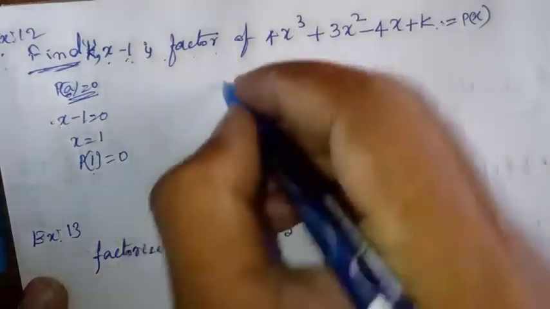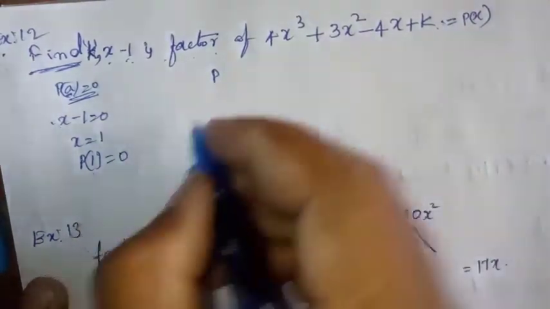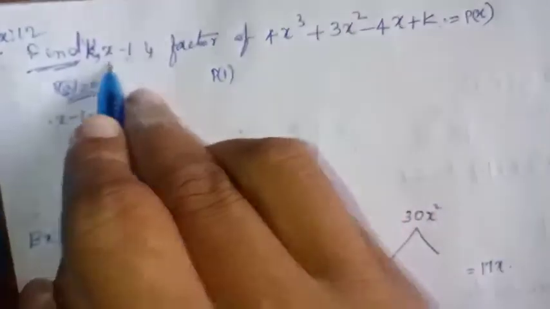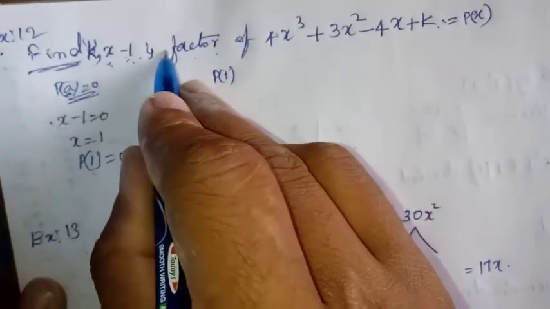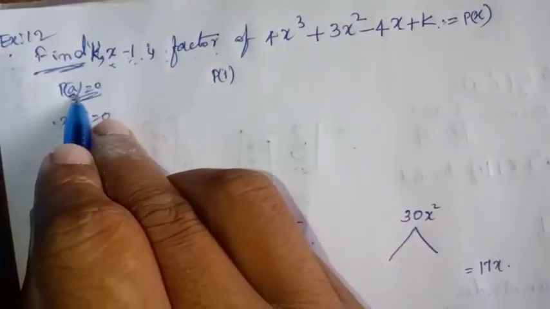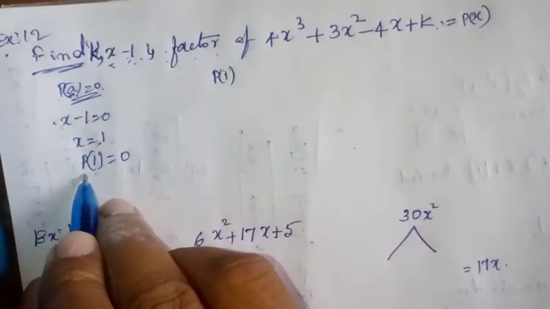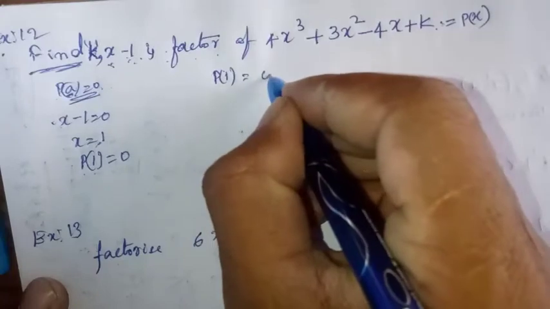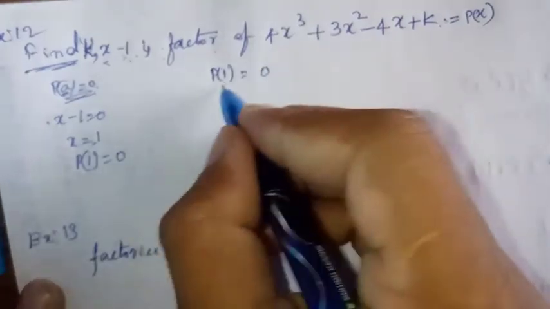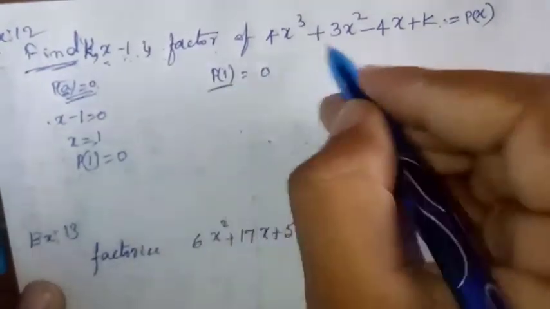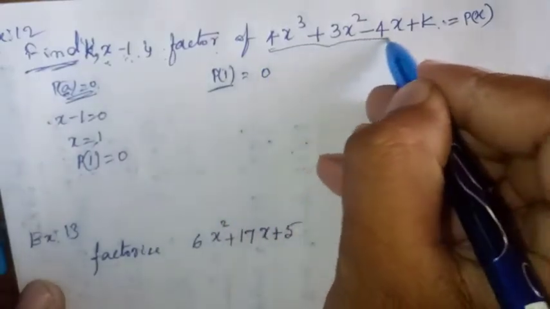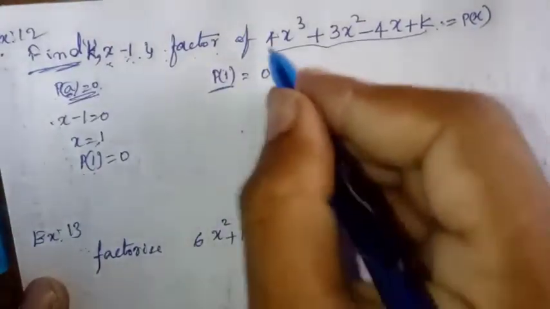Okay. Now we are taking this one as p of x. What is given? x minus 1 is a factor. Yes or no? So p of a must be equal to 0, and the value of a we got here is 1. So p of 1 is equal to 0. Now p of 1 means we have to substitute the value and find the value of this one. How to find?